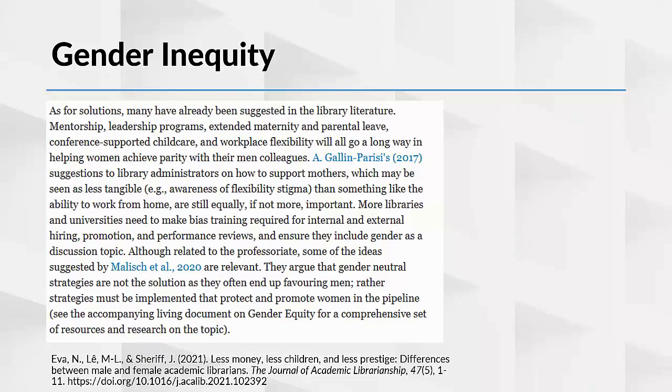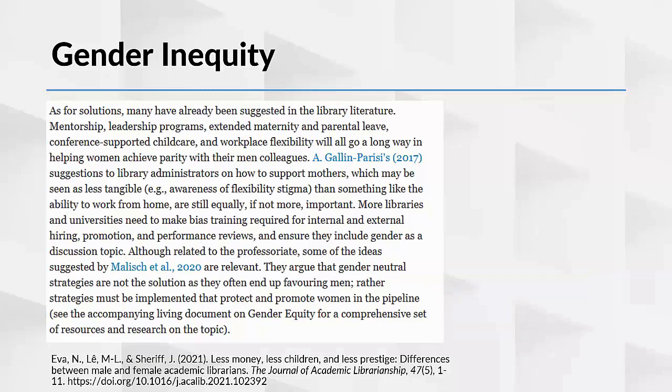There are also things administrators can do, and you can apply this across academia, like being able to work from home, and making bias training required for internal and external hiring, promotion, and performance reviews, and including gender as a discussion topic.